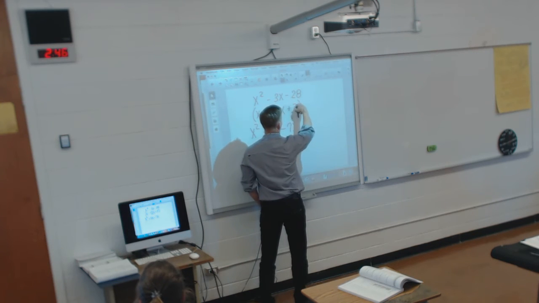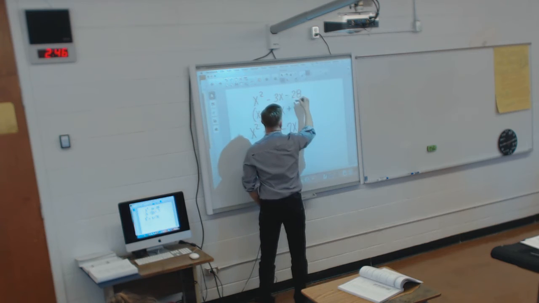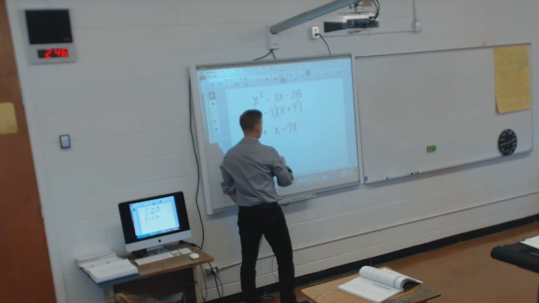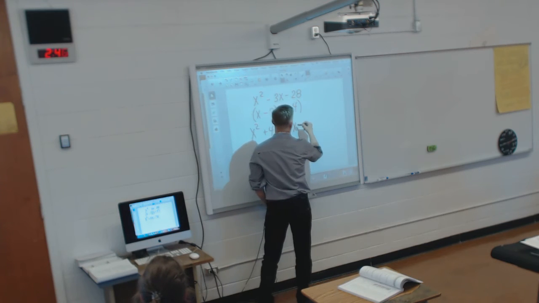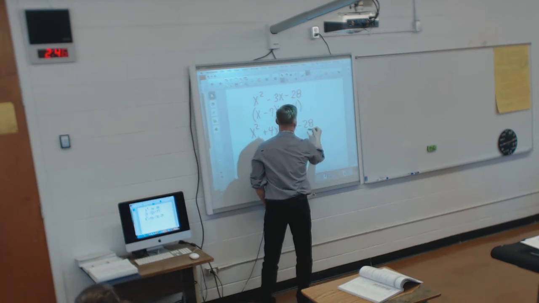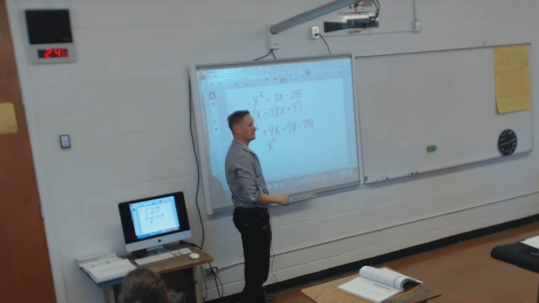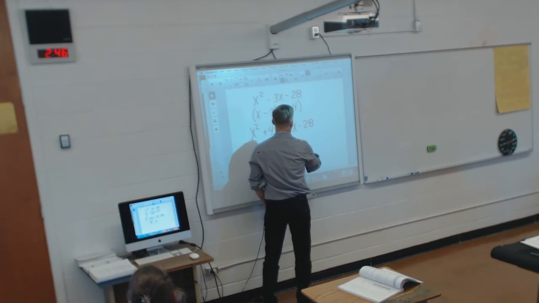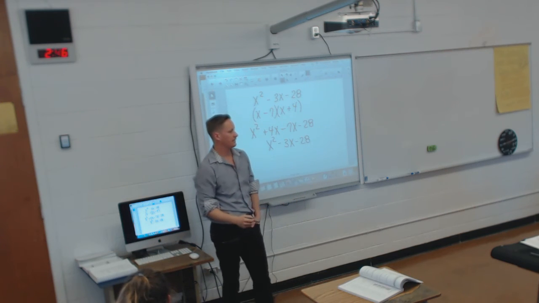That should have been a 4, which makes that a 4, and then negative 28 here. X squared. What's 4x subtract 7x? Negative 3x minus 28. Is that what I started with? Yeah.